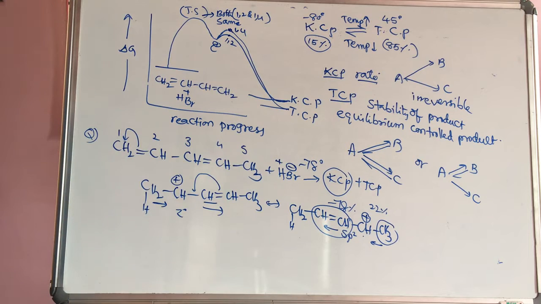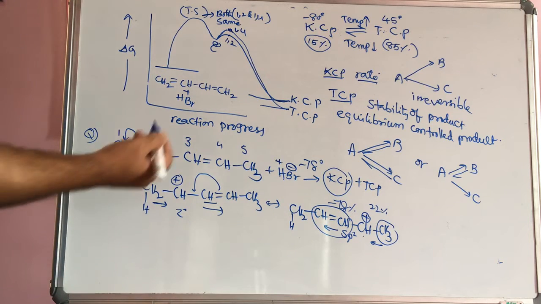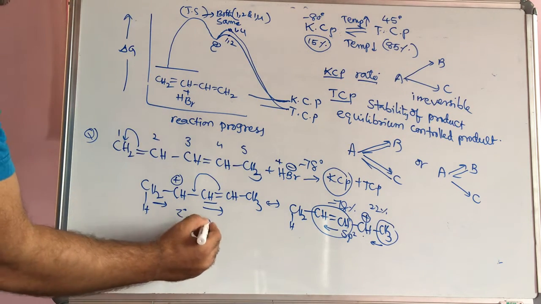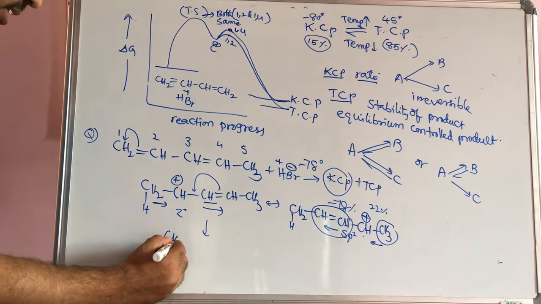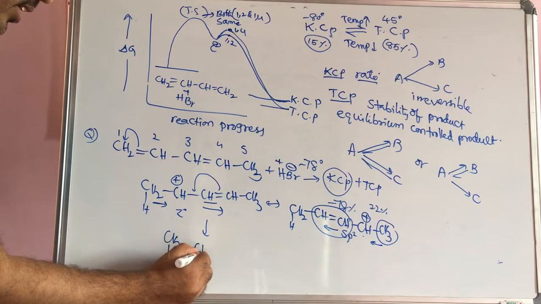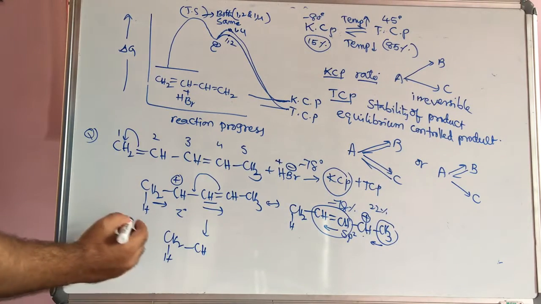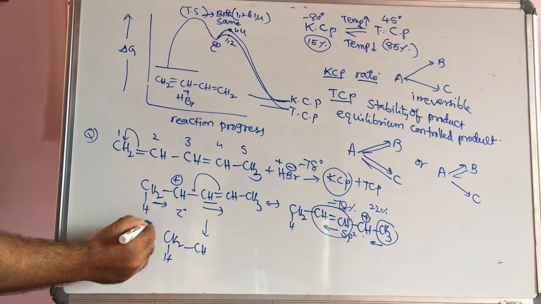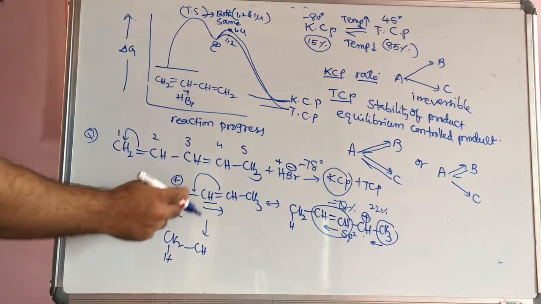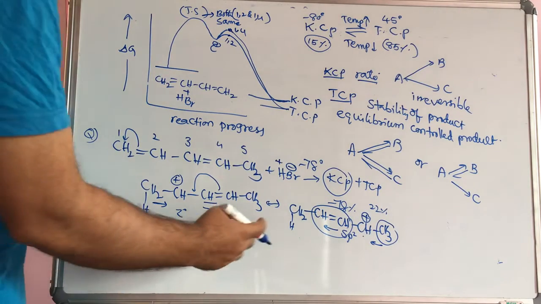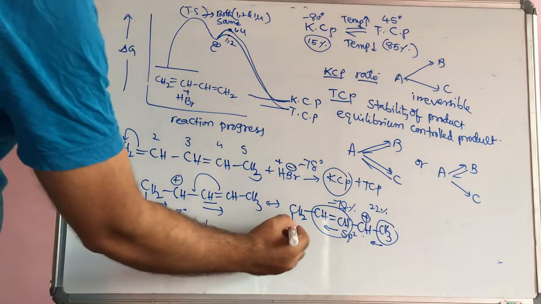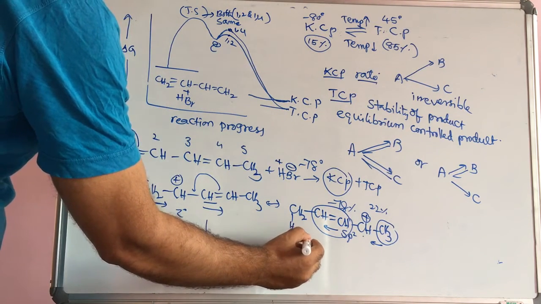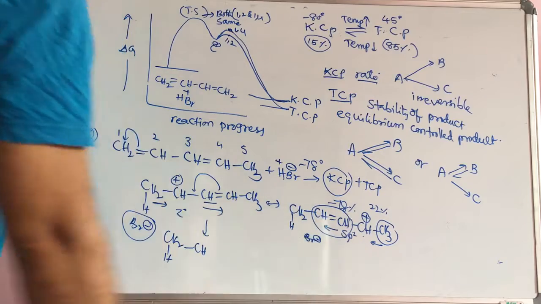Both are secondary carbocations. So with respect to lower temperature, what will be the product here? CH3-CH and CH. This Br minus is near to this carbocation, and if you observe here, H is added, and here Br minus is away from this carbocation.